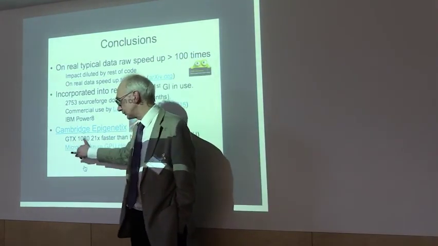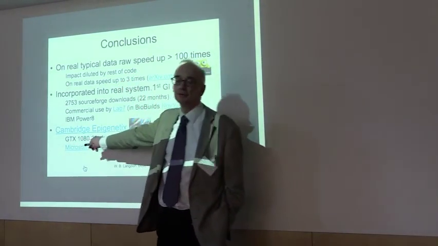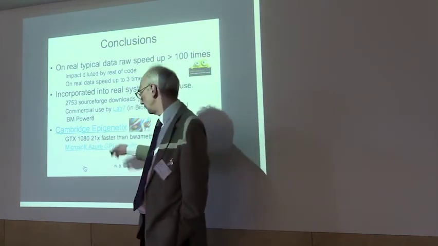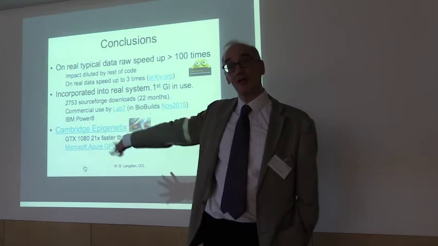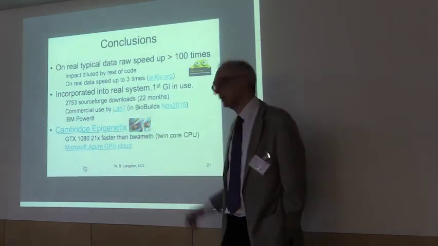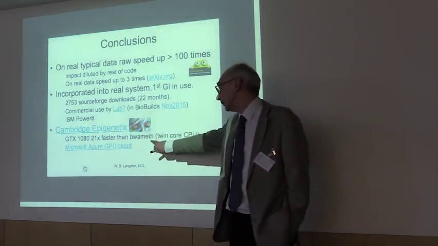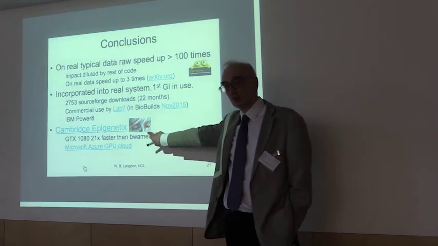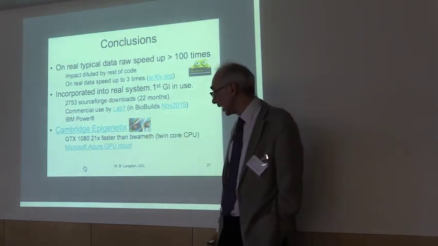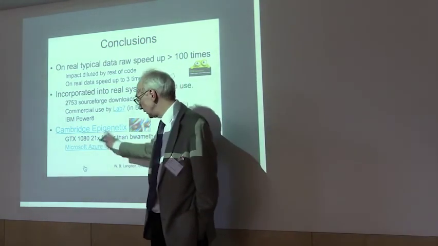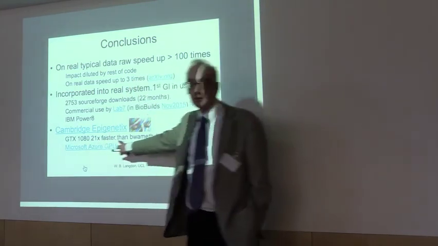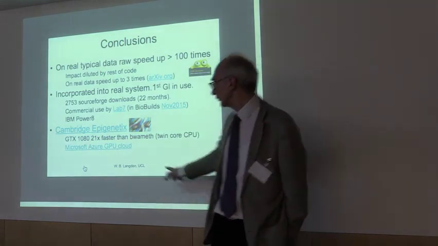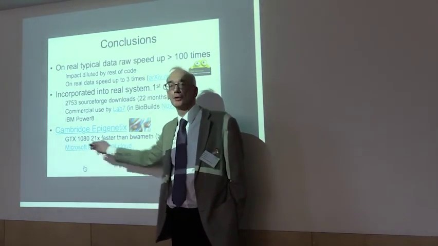So on a GTX 1080, which is a top-end gaming card, Barracuda is 21 times faster on their epigenetics data than BWA-Meth, which is effectively the state of the art. And similarly, on the epigenetics data, Microsoft have been running Barracuda benchmarks on the GPU version of their Azure cloud.